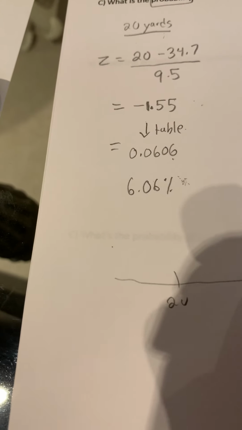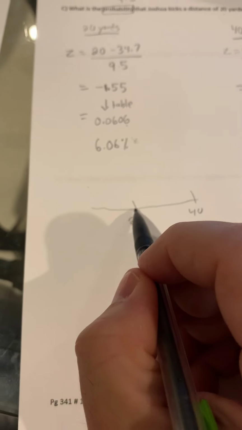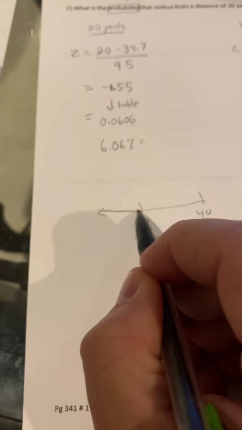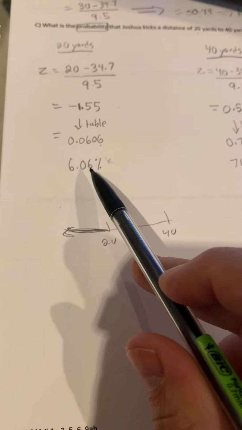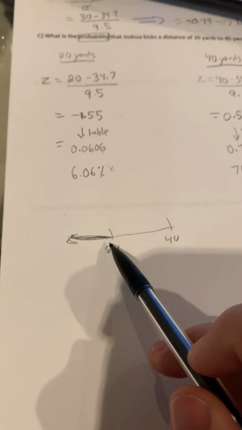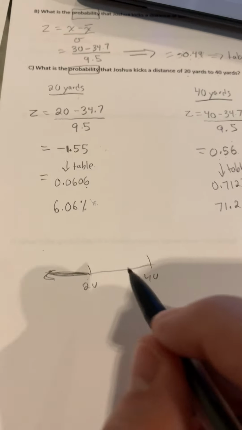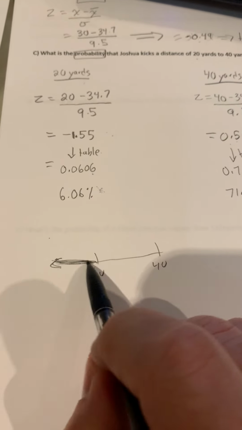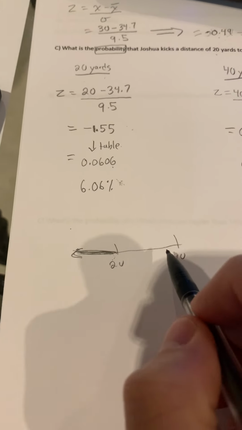So we could kick a distance, say 20, and we could kick a distance of 40. So this percent here tells us all of this, so less than 20. But we do not want to know less than 20. We want from 20 to 40. Okay, so I know we don't really need this information, but you'll see where it comes useful.